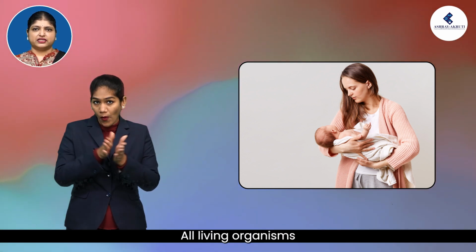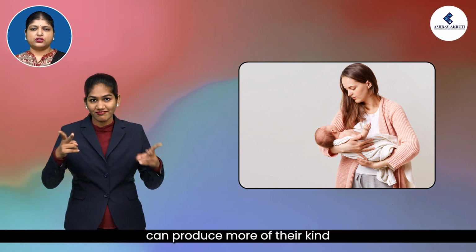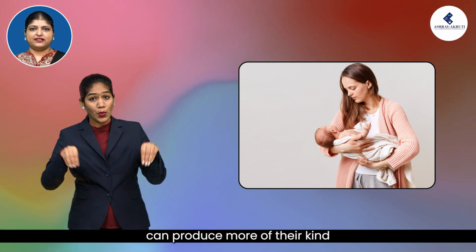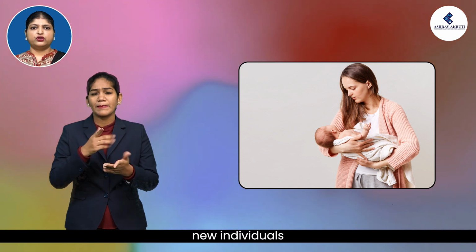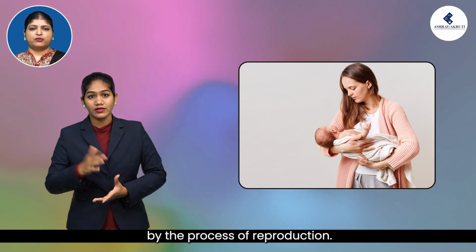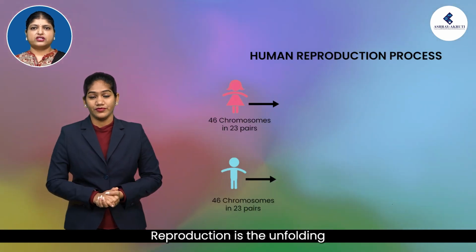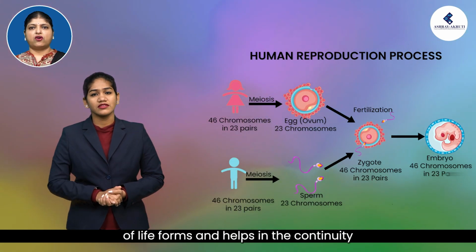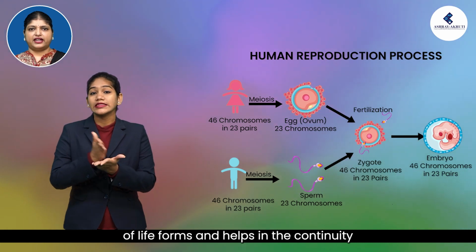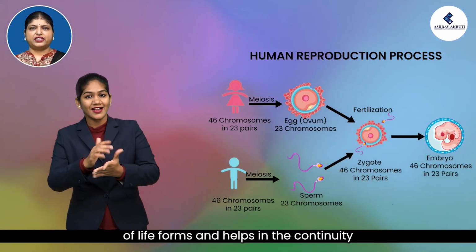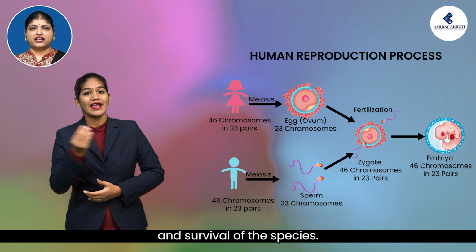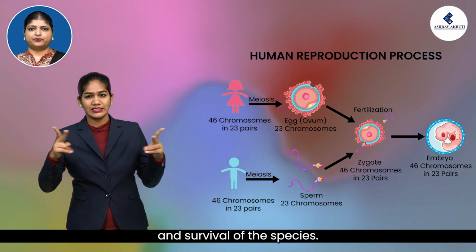All living organisms can produce more of their kind or new individuals by the process of reproduction. Reproduction is the unfolding of life forms and helps in the continuity and survival of the species.